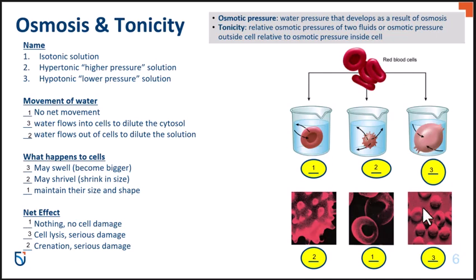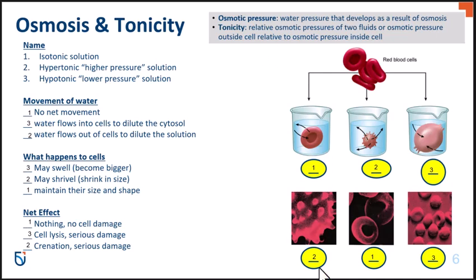So this can also be an important concept from a medical perspective when people are given fluids into their body. You have to be careful because you could cause cell crenation or cell lysis if the proper solution for that situation is not administered.